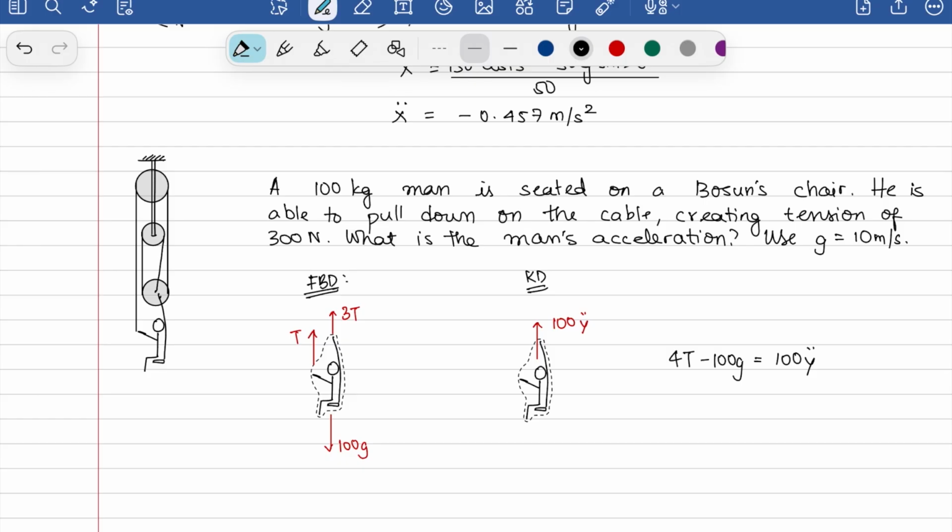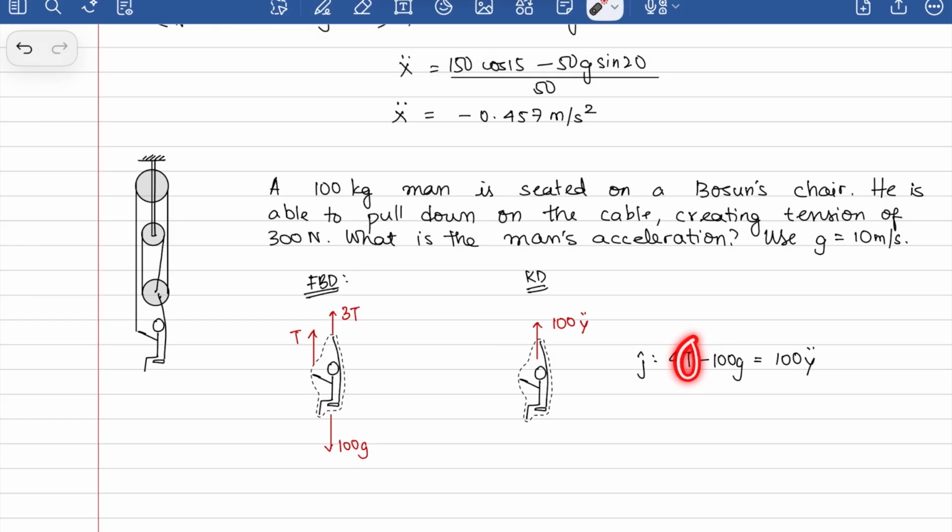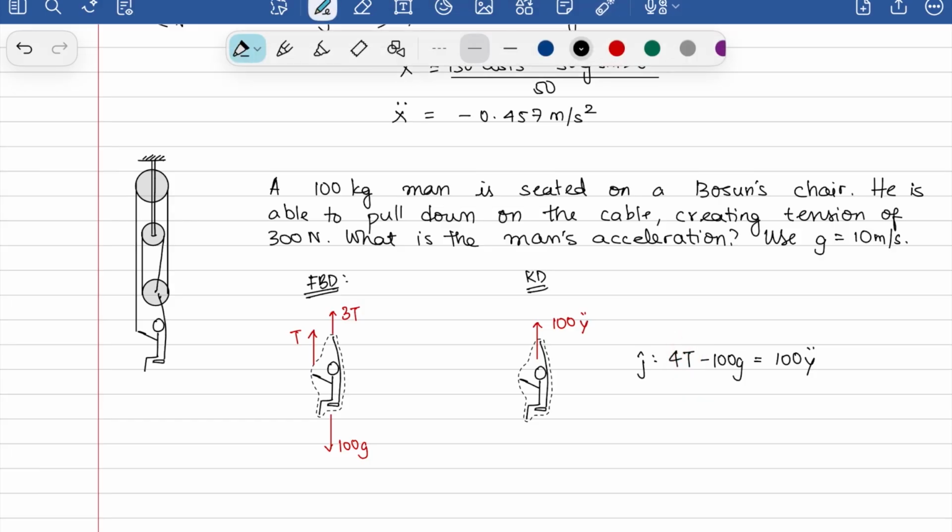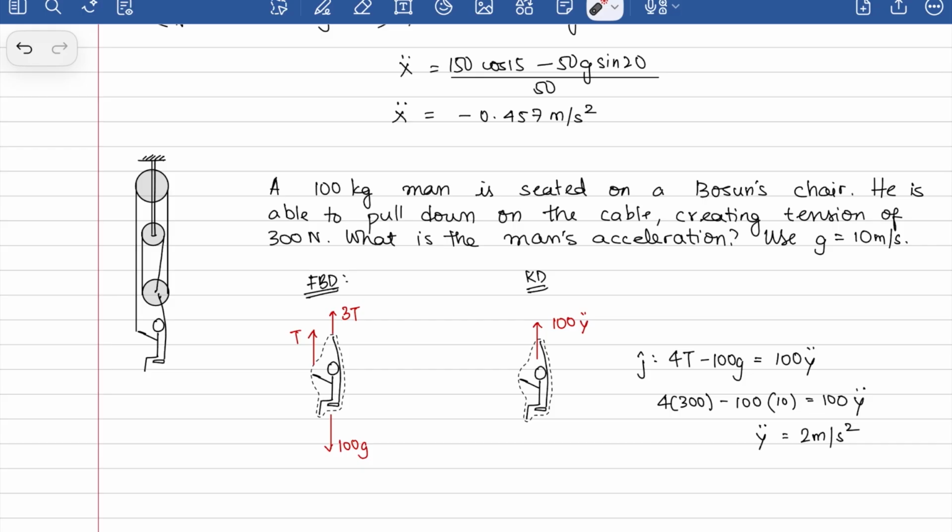This is the component along the j hat direction. It's given that the tension here is equal to 300 newtons. So 4 times 300 minus 100 times 10 is equal to 100 y double dot, giving you y double dot is equal to 2 meters per second square. And so the acceleration is 2 meters per second square upwards.